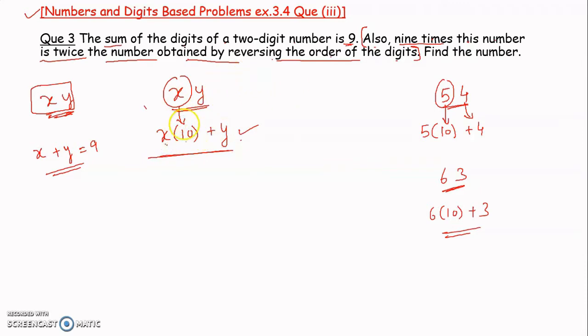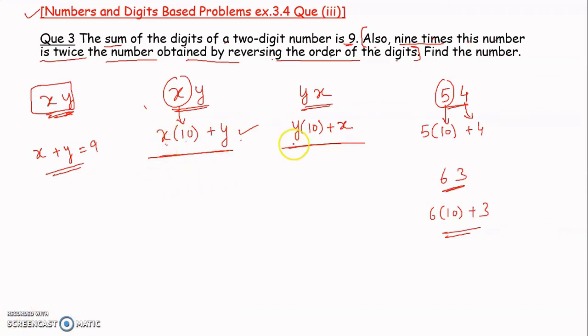Now if we reverse the digits, xy becomes yx. So we can represent yx as y multiplied by 10 plus x. This is the very important logic for this question. Now let's solve this question.